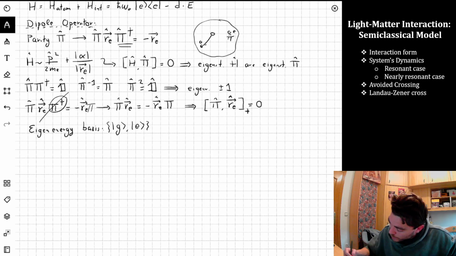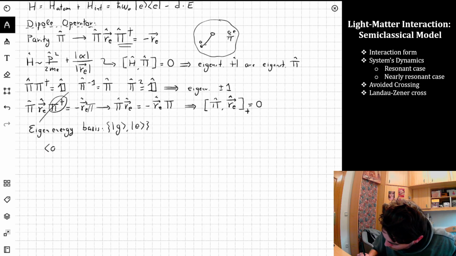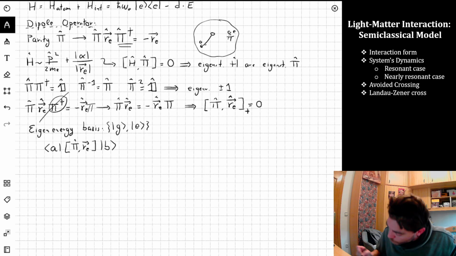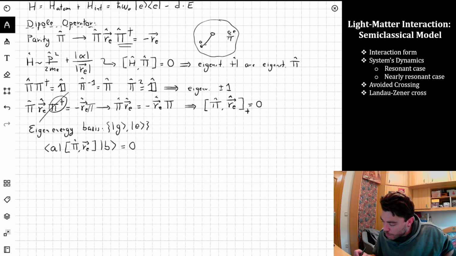Then let's call it A and B, two states in the eigenstate energy basis, and then we should have that if we apply the anti-commutator between two states, whatever they are, A and B, this should be 0, because just the anti-commutator is 0.